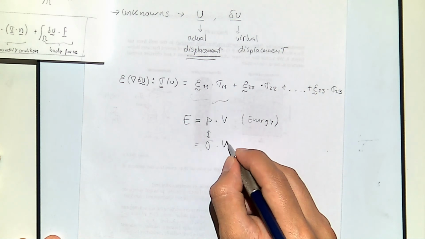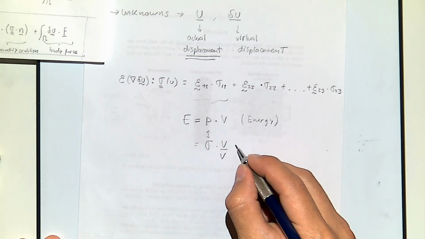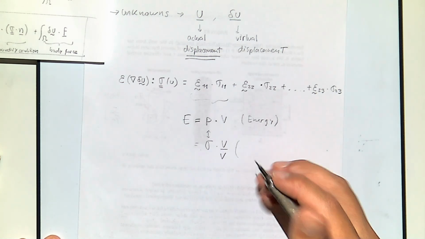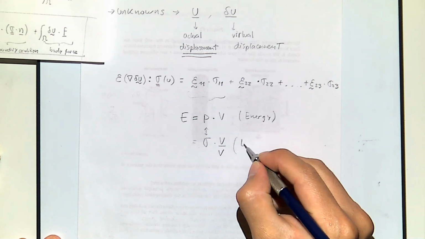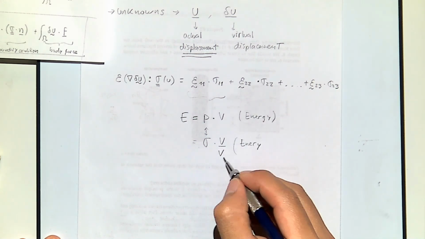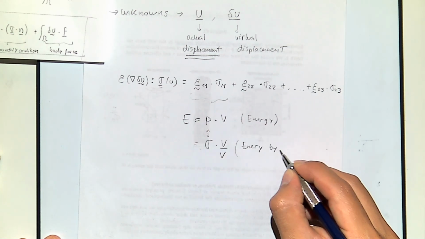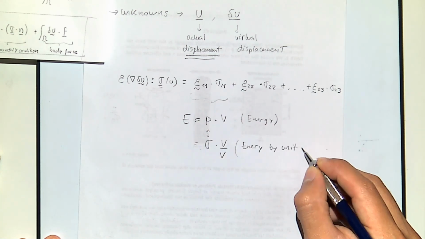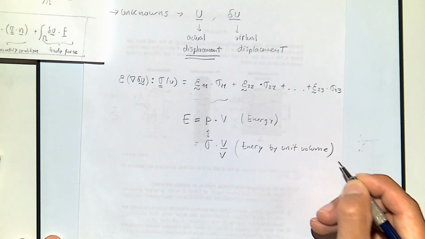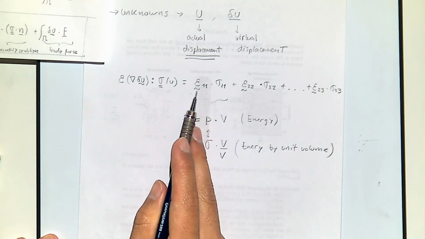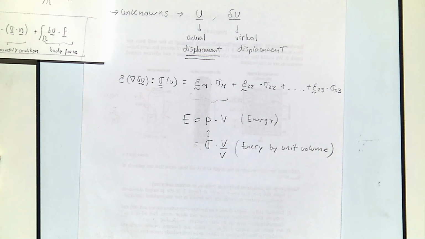If we divide volume by volume, we get energy by unit of volume. And this is dimensionless, and this is strain, and this is how it works. So a strain times stress give us energy by unit of volume.